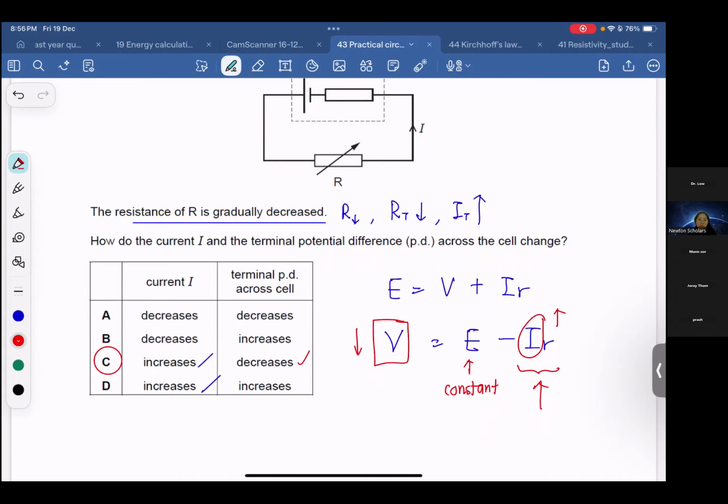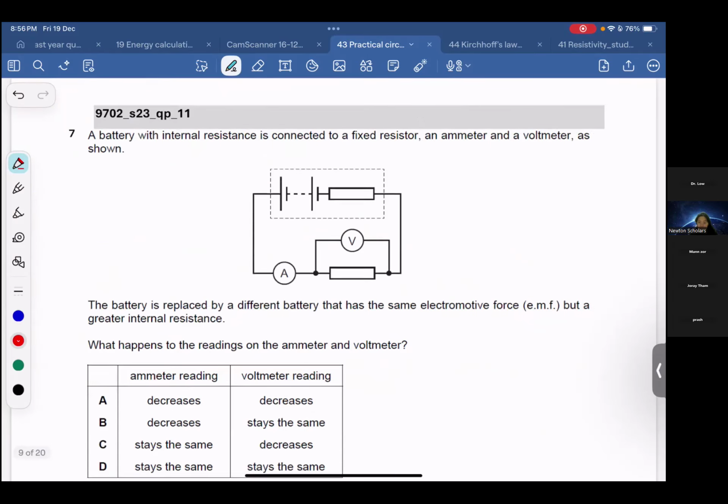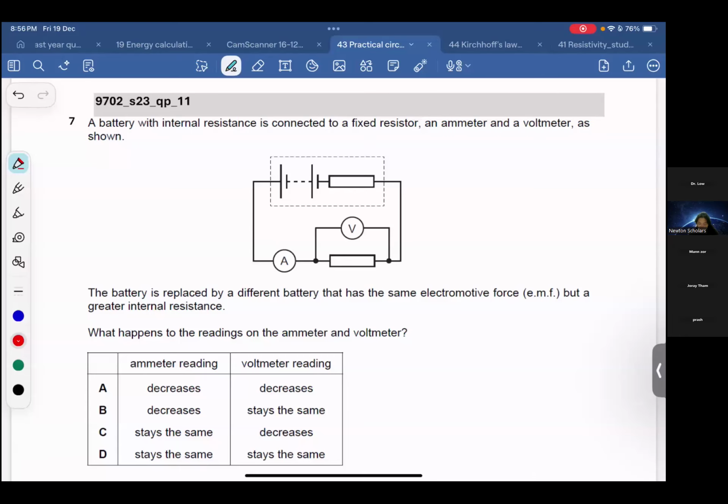Any question? Did I explain clearly for this part? Are you able to get the idea? Okay, good job.